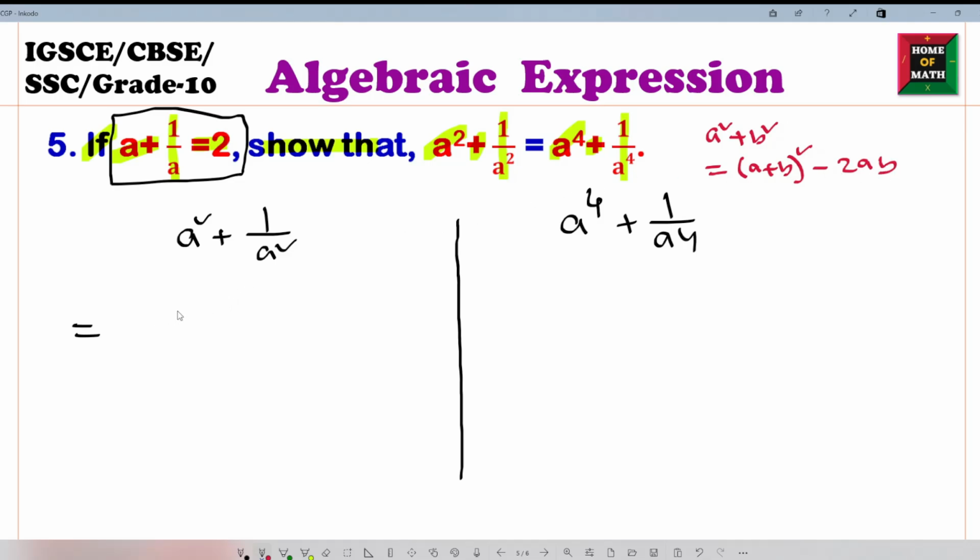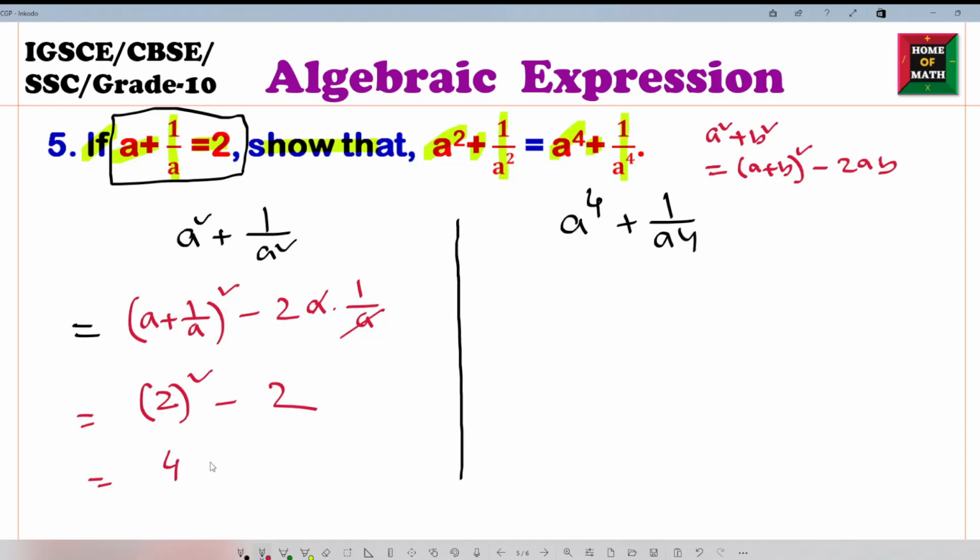Similarly, we can write a plus 1 by a whole square minus 2ab. ab means a times 1 by a, and a cancels out. a plus 1 by a means 2, so squared, 2 square means 4, minus 2, answer is 2.